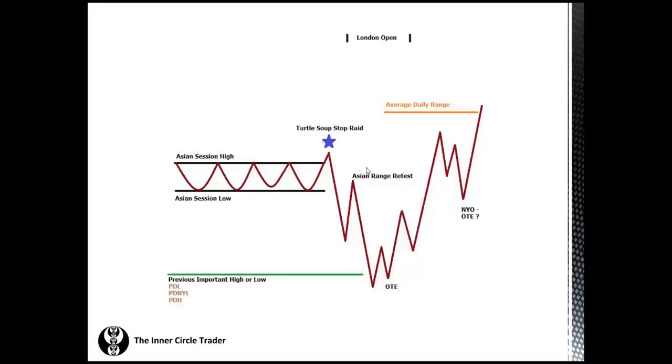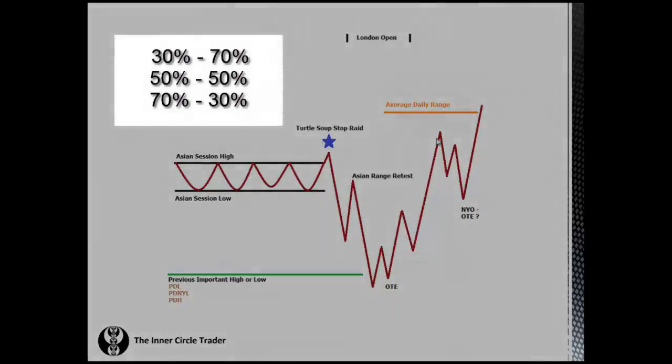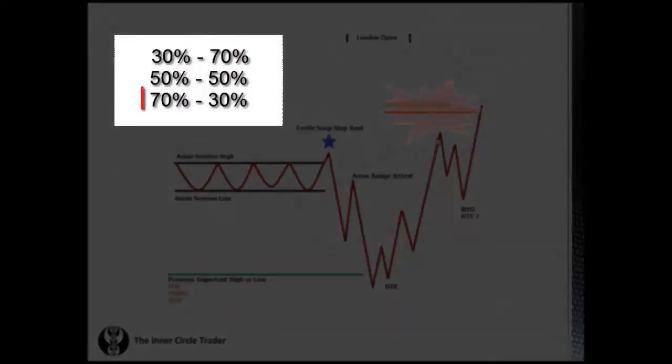When we trade back up and blow out the Asian range highs again, once we dip down, I'm taking sometimes 30%, 50% in most cases, and sometimes even 70% of my trade off at that level. Now, what establishes that parameter? Well, if I'm trading against the higher time frame premise, I'm taking 70% off here.